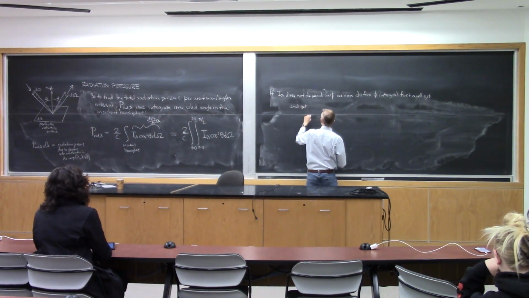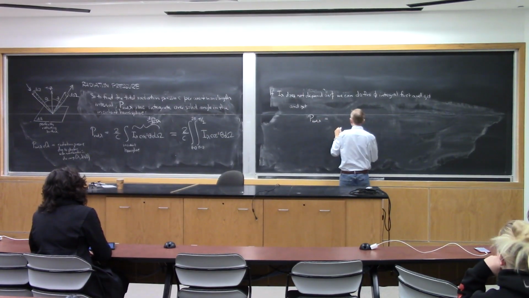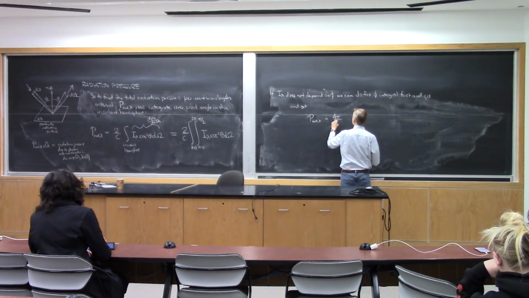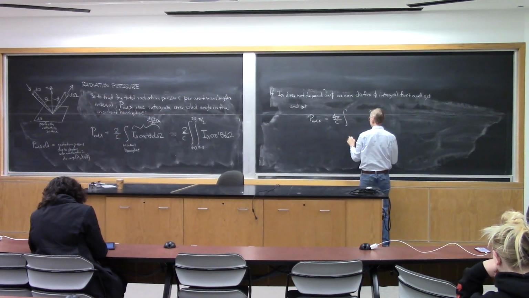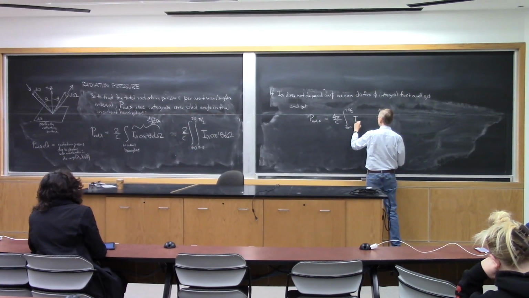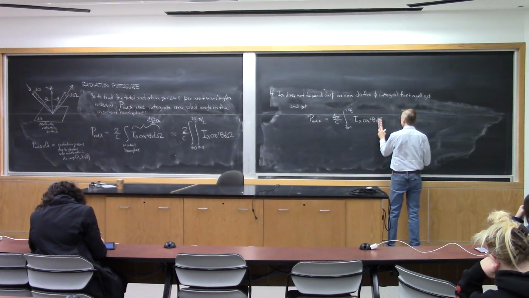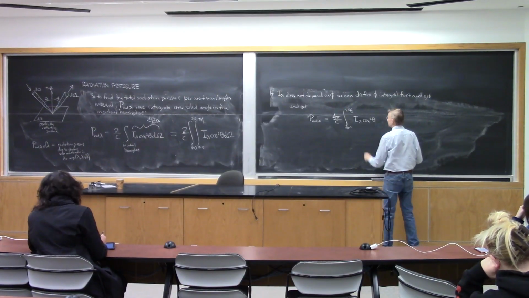And we get that our P rad lambda is 4 pi over c times the integral from theta equals 0 to pi over 2 of I lambda cosine squared theta times sine theta d theta.